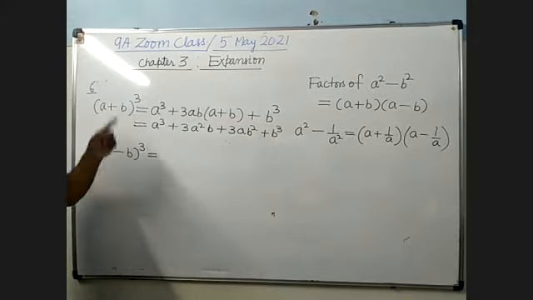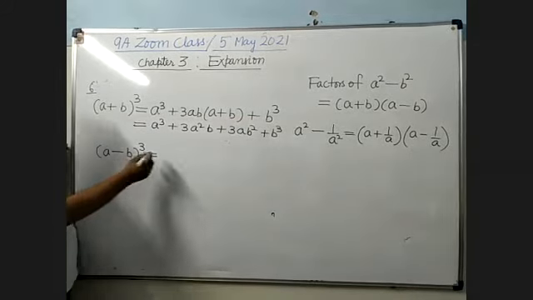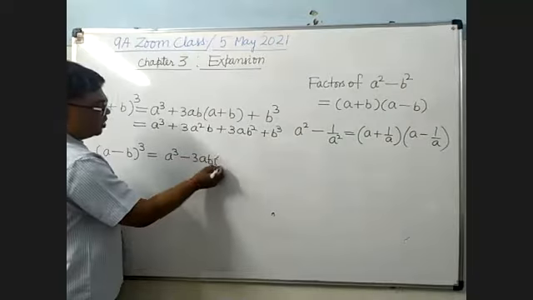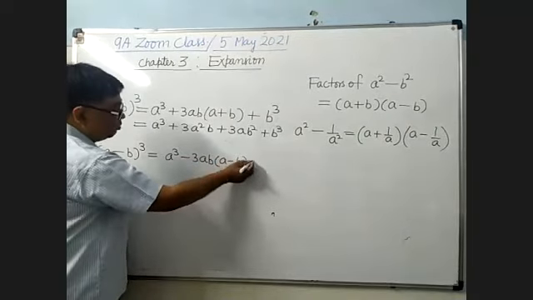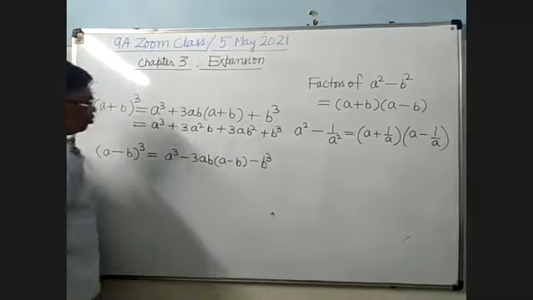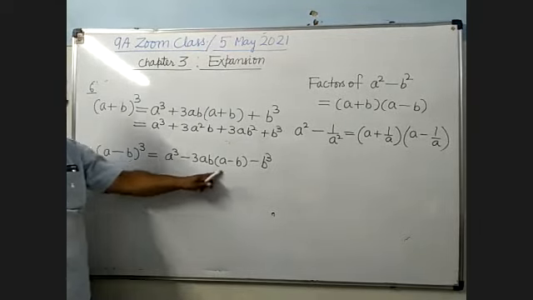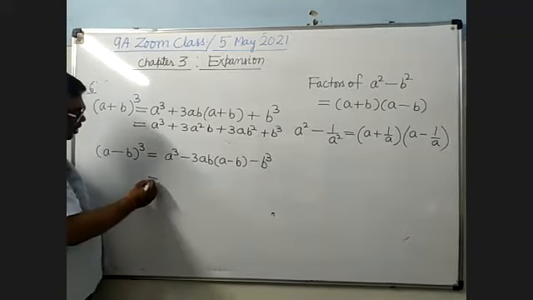Plus sign you will replace by minus sign. That is a cube minus 3ab within bracket a minus b, minus b cube. It's clear? But if you open this, on opening, what will you get?